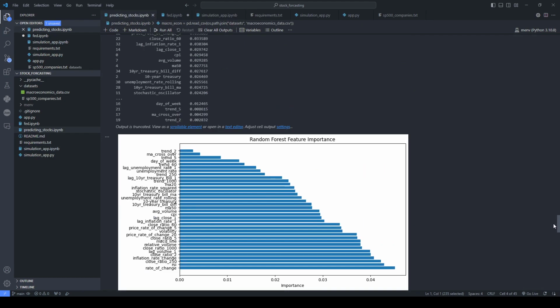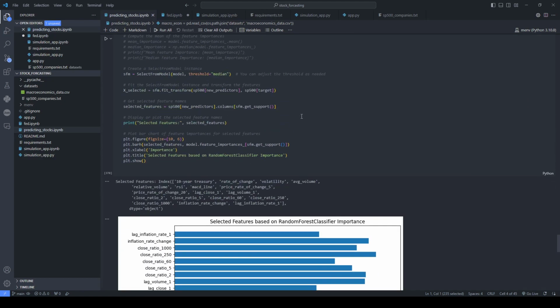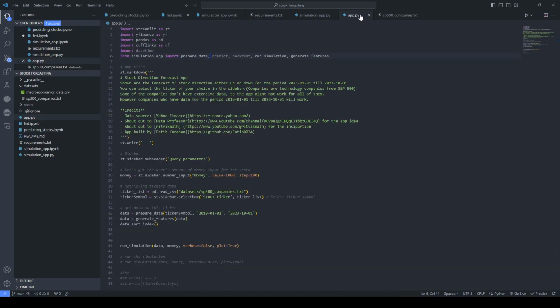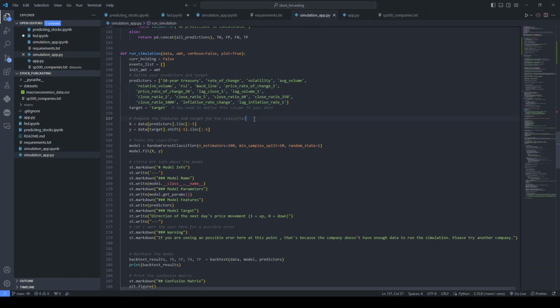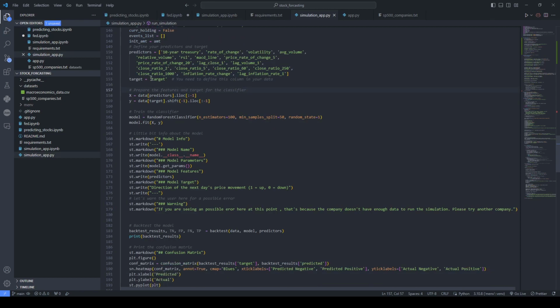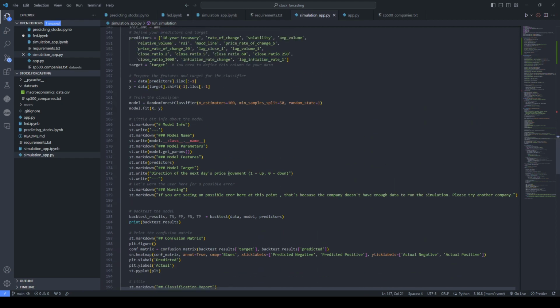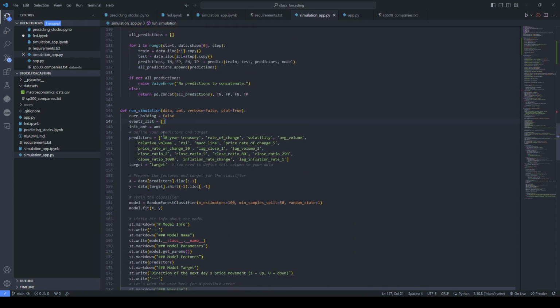Here we are doing feature selection, you see select model, and based on the threshold we're using the median. So yep, here, that's our target, that's our predictors. First we're starting off not holding anything, and those are event lists, which are going to be important in our plotting section, and the amount of money, the initial amount.